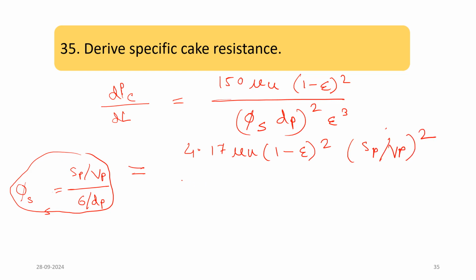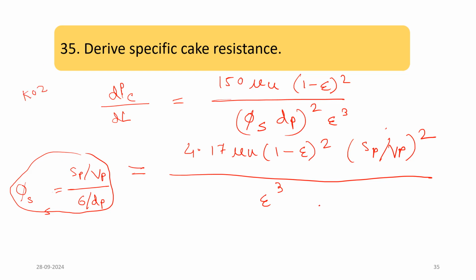Mu is the viscosity of the fluid, u is the velocity of the filtrate, epsilon is the porosity of the cake, Sp and Vp are the surface area and volume of the single particles respectively, dPc is the pressure difference across the cake, and L is the thickness of the cake.